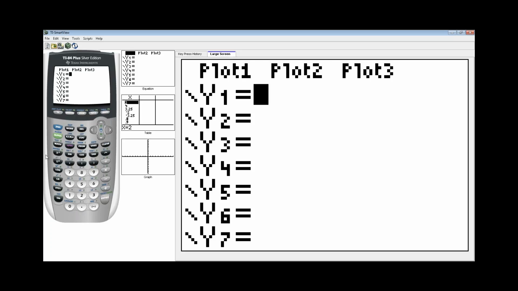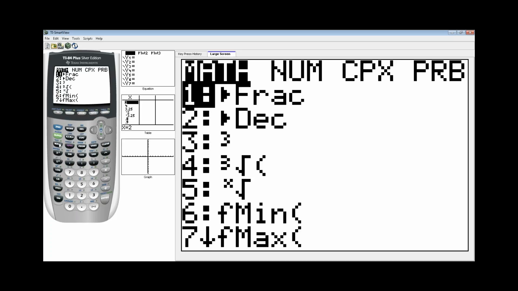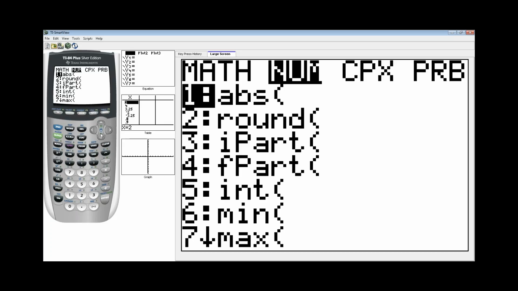So in order for you to graph an absolute value function, you want to go to the math option, and scroll to the right to number. So ABS, parentheses, is your absolute value function or input.